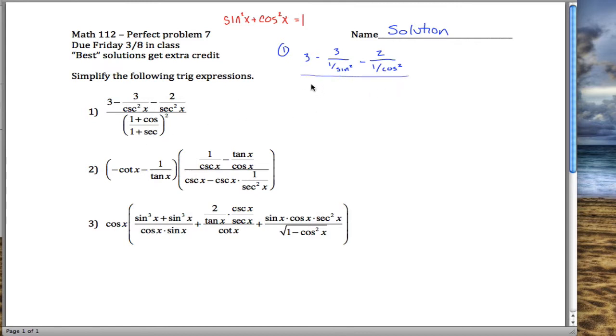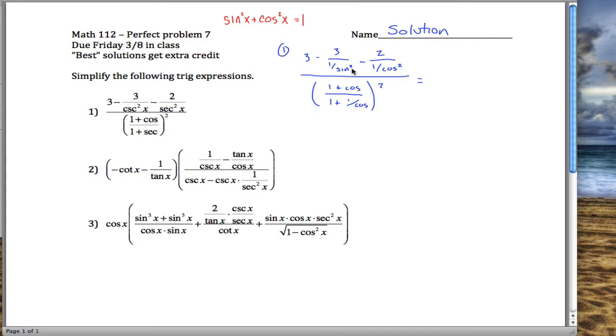And then on the bottom here, I got 1 plus cosine divided by, and then again, instead of secant, I can write 1 over cosine. So just replacing all the non-sine and cosine trig functions with sines and cosines I get here. And then I can simplify that.